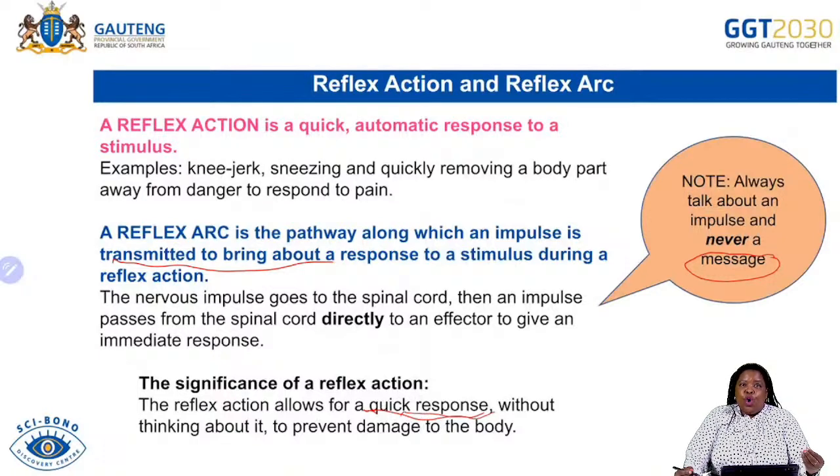You are going to quickly remove your face so that I don't repeat it. Okay? It allows for a quick response without thinking about it, also to prevent damage to the body. That is the significance of a reflex action.